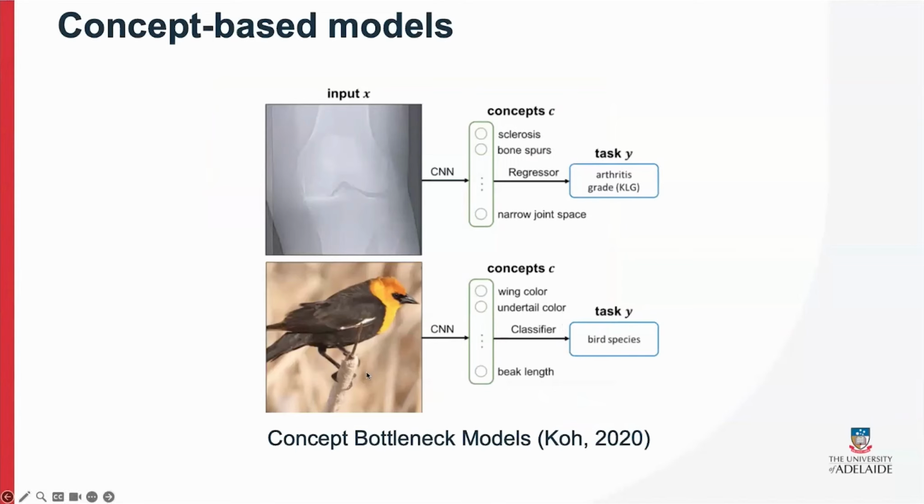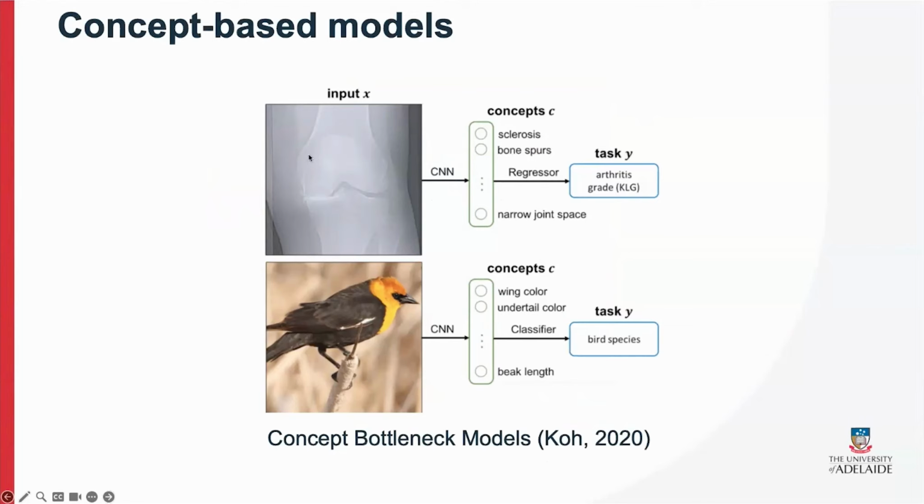The models that can explain their predictions by concept are called concept-based models. The pioneer in this stream of models is concept bottleneck models. Its design is really intuitive, where the model will first predict the concepts and then predict the final task from these concept results.